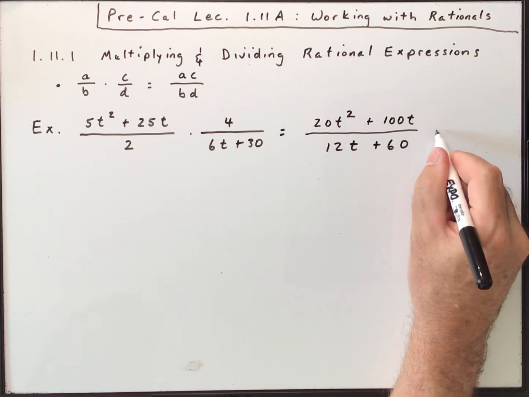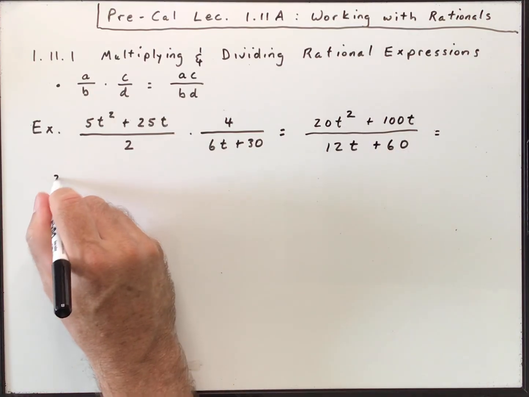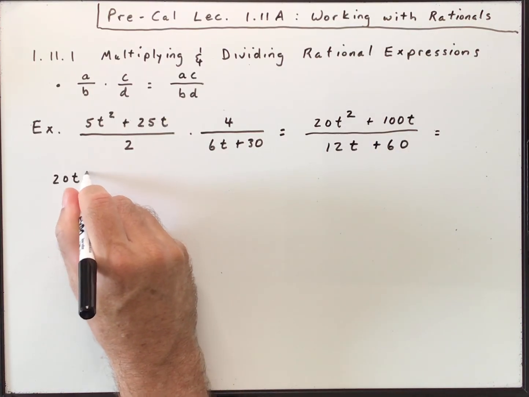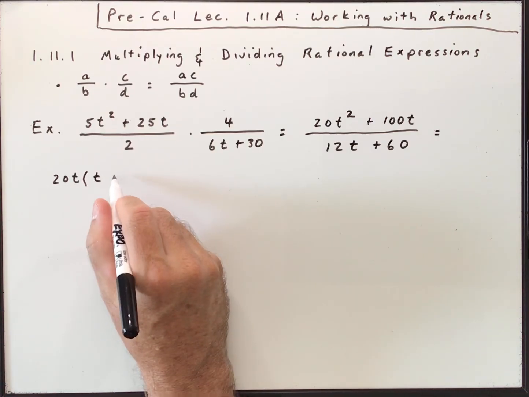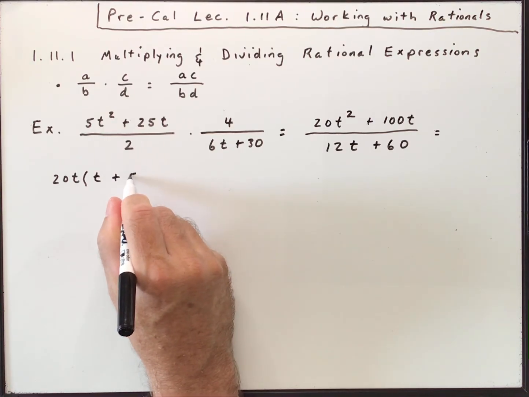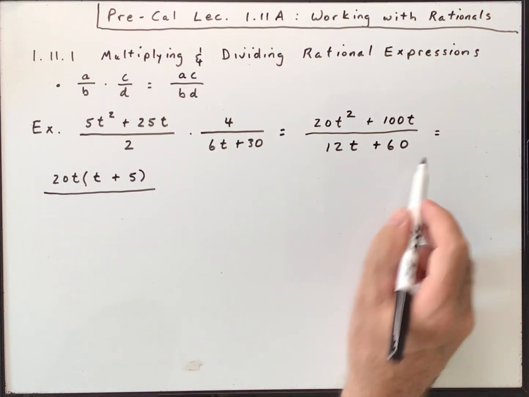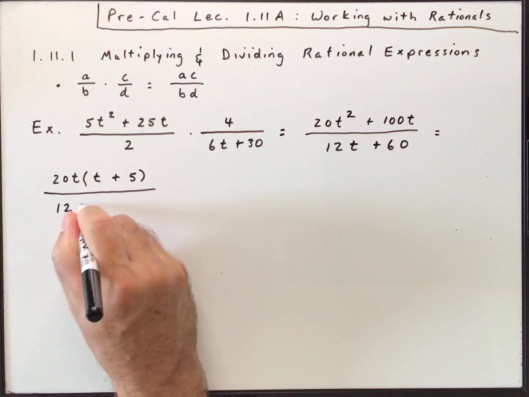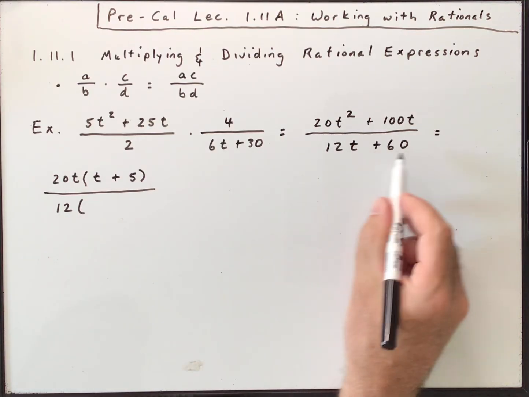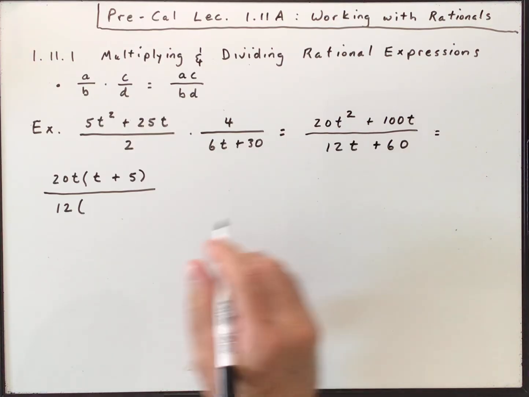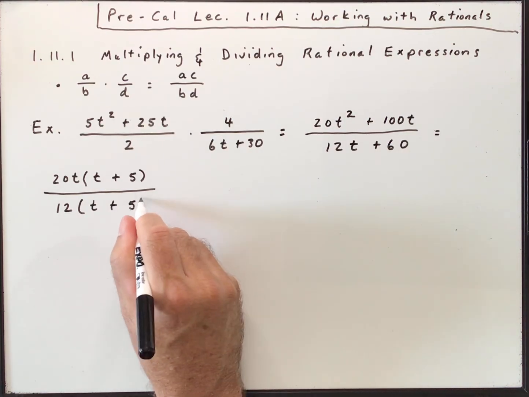So now we need to simplify this. What could we factor out of the top? We could factor out a 20t. And then what is left would be t plus 5. And on the bottom, we could factor out a 12. And then what's left would be, if we divide a 12 into both of these terms, t plus 5. Well, that was fortuitous, wasn't it?